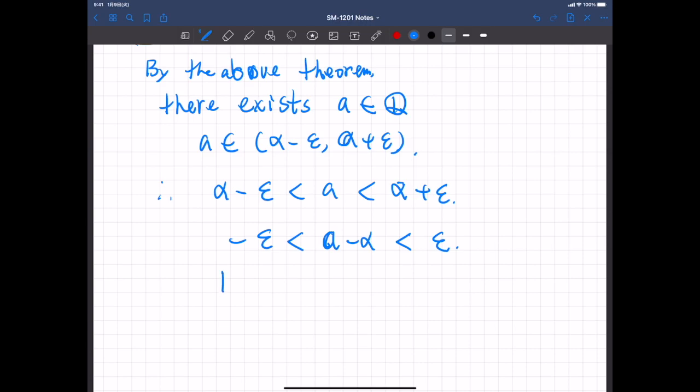So this means the absolute value of a minus alpha is less than epsilon. Of course, we can swap the order within the modulus. So that is done.